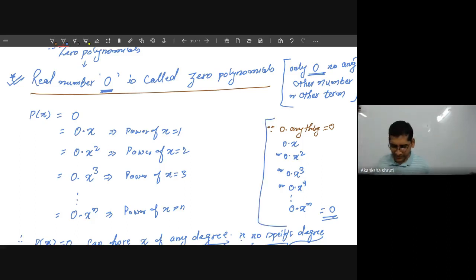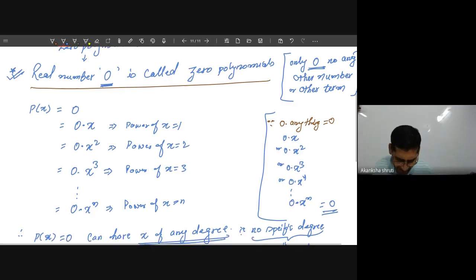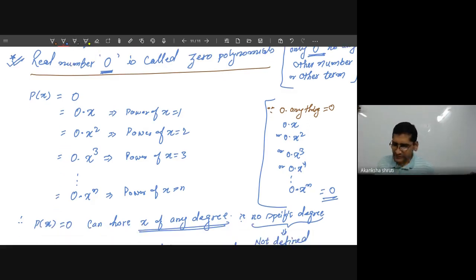Okay, student? See, p(x) equals 0. I may write this 0 as 0 into x, or 0 into x square, or 0 into x cube, going on to 0 into x to the power n. If I write 0 into x, the power becomes 1, which implies the degree should be 1.